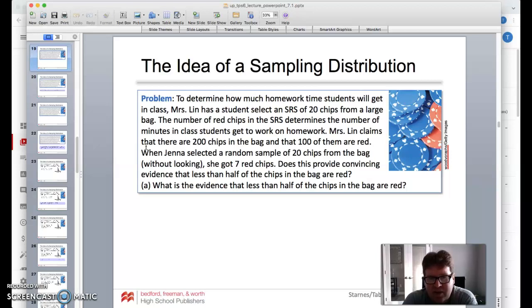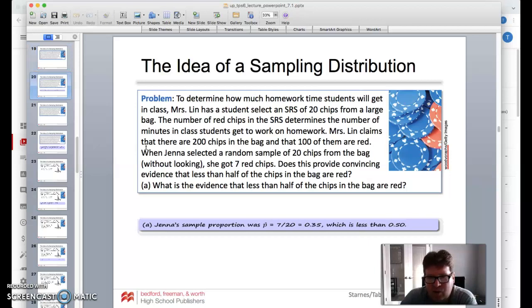So what's the evidence that less than half of the chips in the bag are red? Well, we got 7 out of 20, which is only 35%, which is less than 50. Could that happen? Is it reasonable to assume that someone's not telling the truth? That's something to look at.